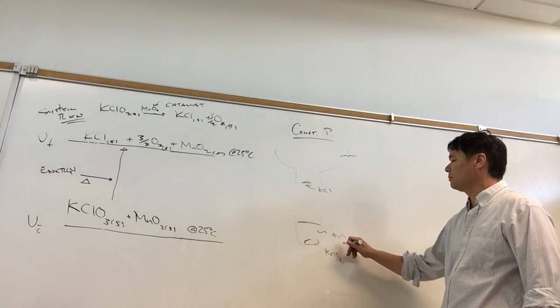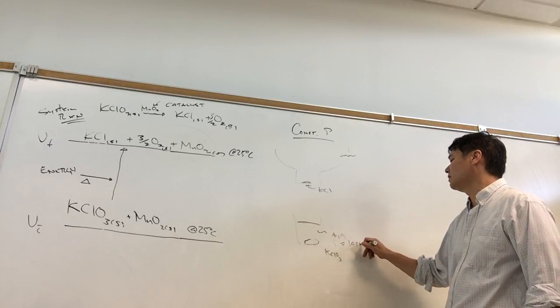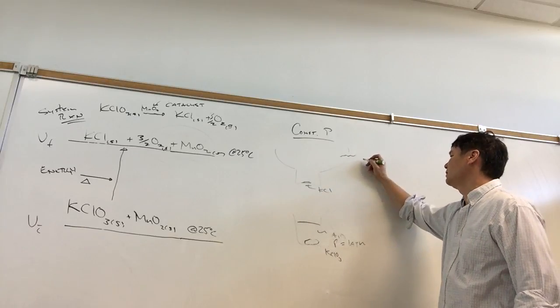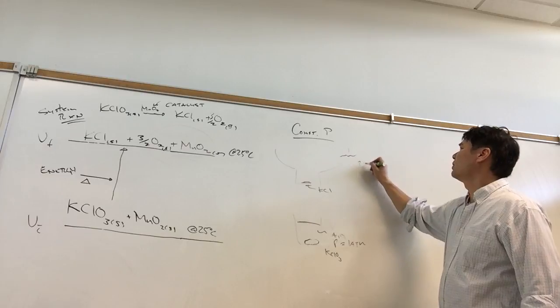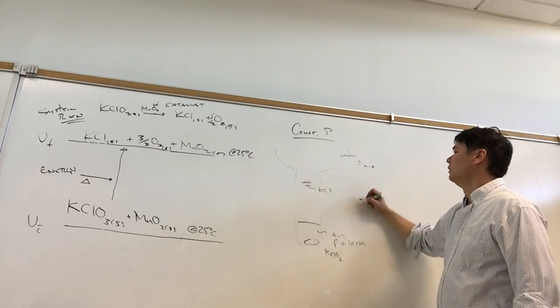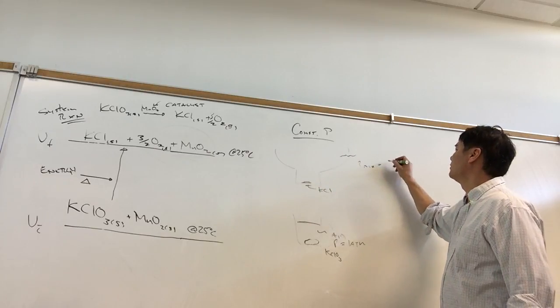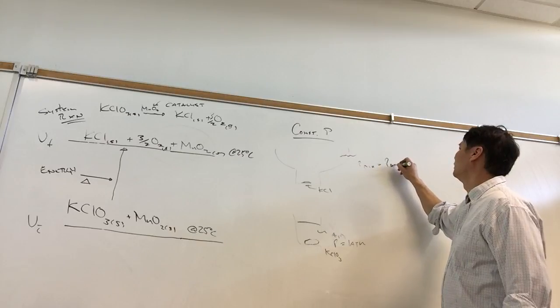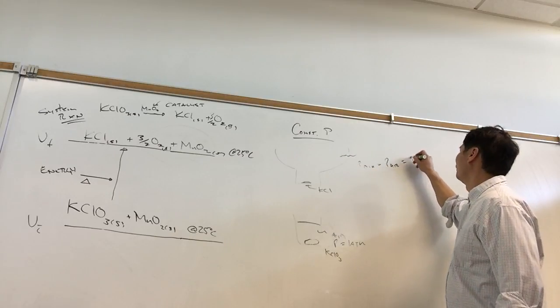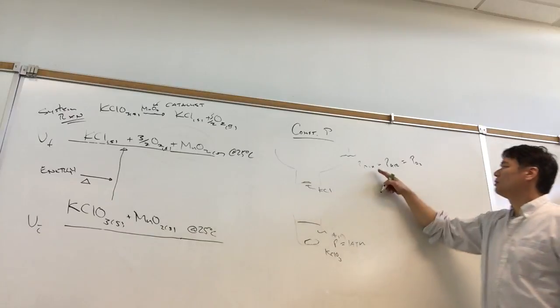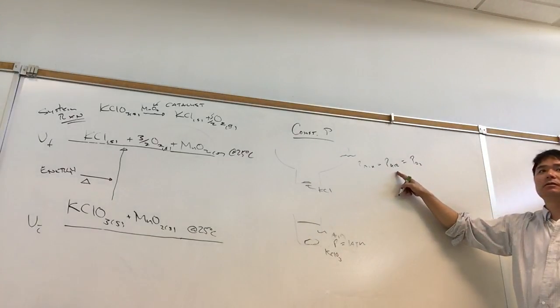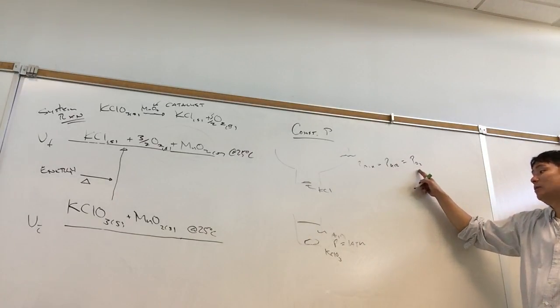At constant pressure, the pressure of the air is 1 atmosphere. What's the pressure of the mix here? The mix is going to be the air and the O2. And so the pressure of the mix is equal to the pressure of the air, which is equal to the pressure of O2.